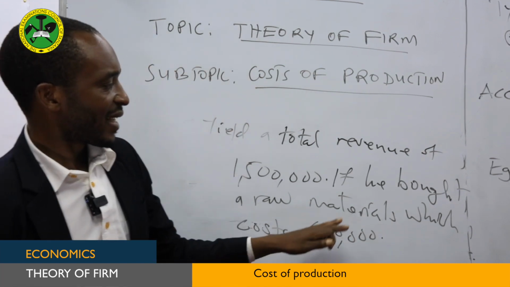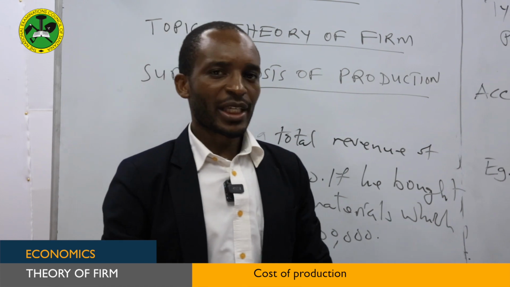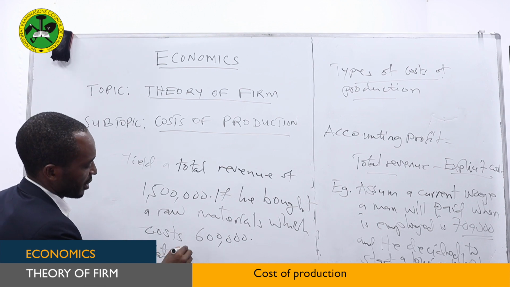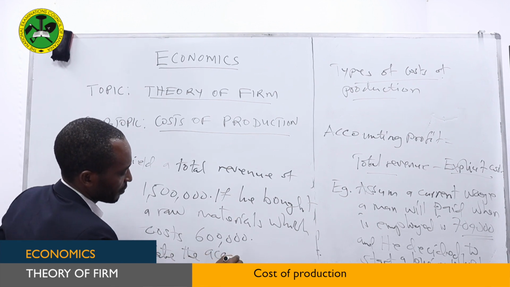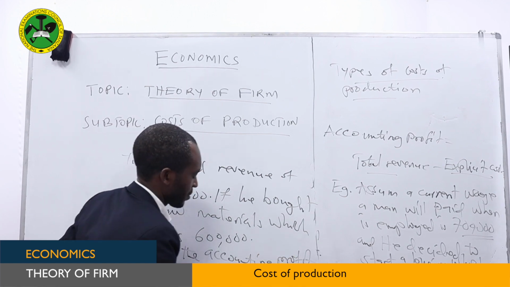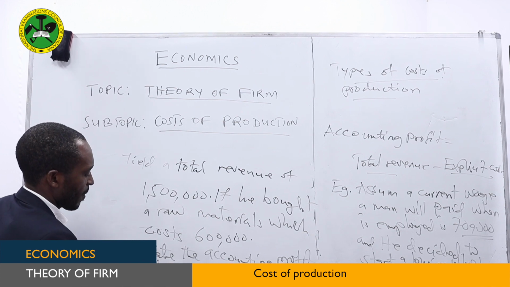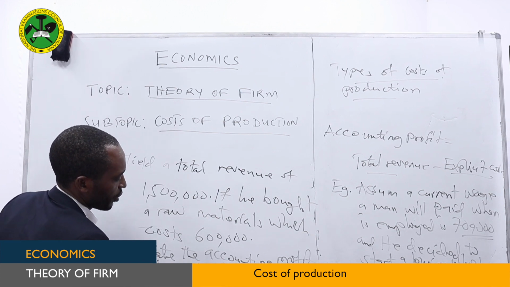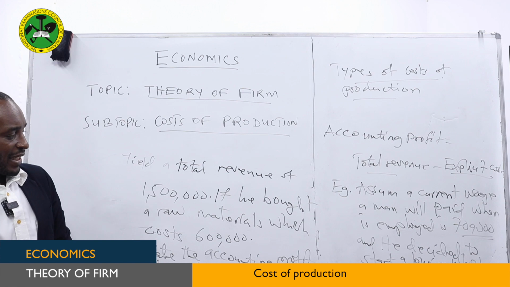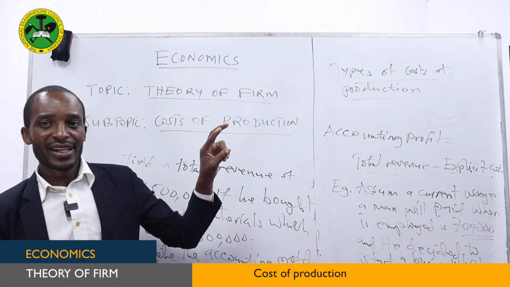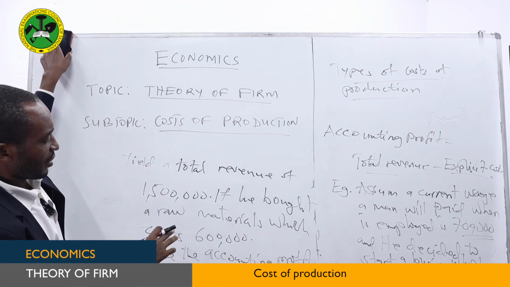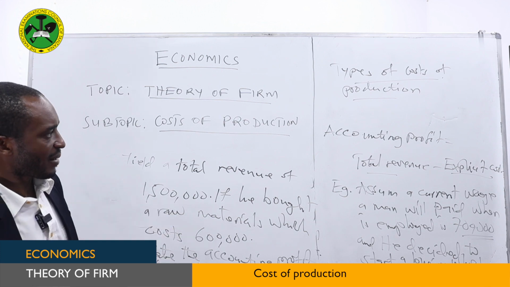Now let us calculate the accounting profit and economic profit. So by using this example, we also have to distinguish between the implicit cost and explicit cost. So how can we conduct the solution of this example?